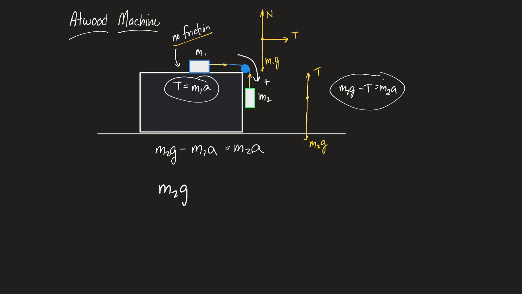M2G equals M1A plus M2A. Are we keeping up?